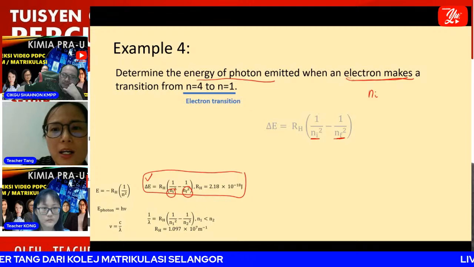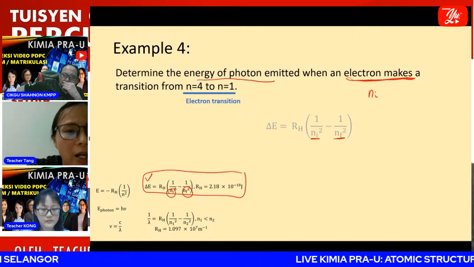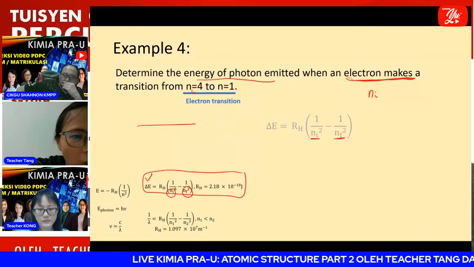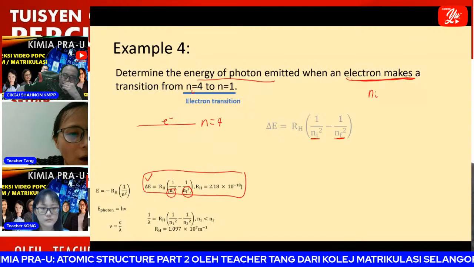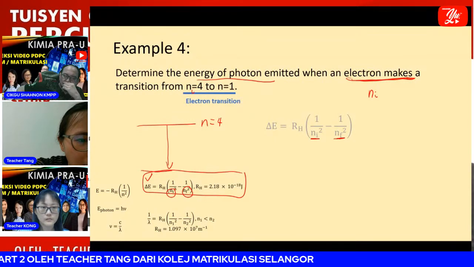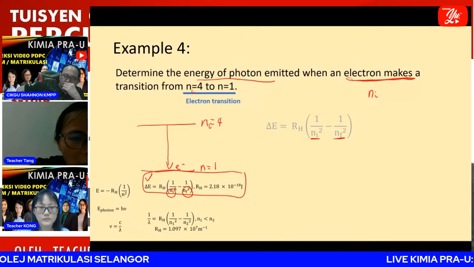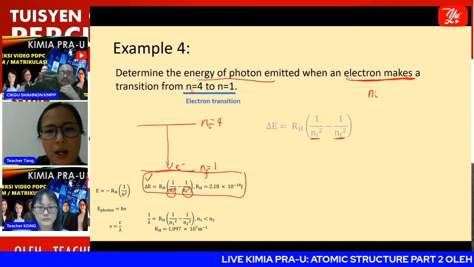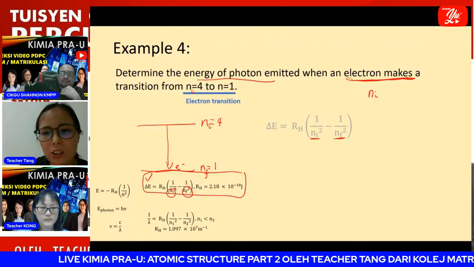When the electron makes a transition from n equals 4 to n equals 1, this is the initial energy level, n equals 4. The electron at first is at n equals 4, and then it falls to n equals 1. This is the final energy level. With that, we can substitute into the formula.